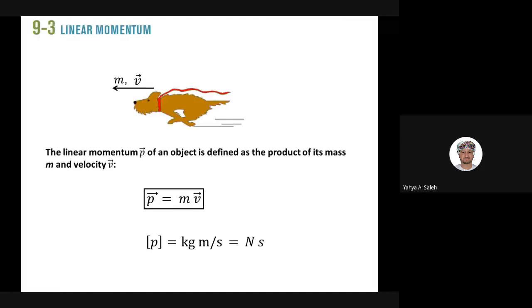Reminder, linear momentum, P equals mv. Now, if I want to translate this to angular, like in chapter 10, we kept translating stuff from linear to angular. How would this translate? What would it be? Anyone still alive here?